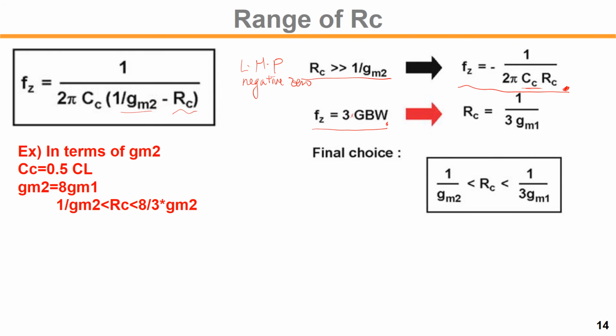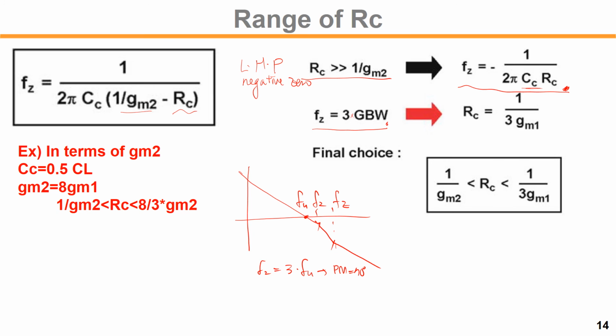But if you target that zero location at 3 times FU, then we can get the best gain margin, because if you remember, we'll have this kind of thing: F2 location and the FG, and FU here. If the F2 location is approximately 3 times FU, then we get the PM of 70 degrees, right?